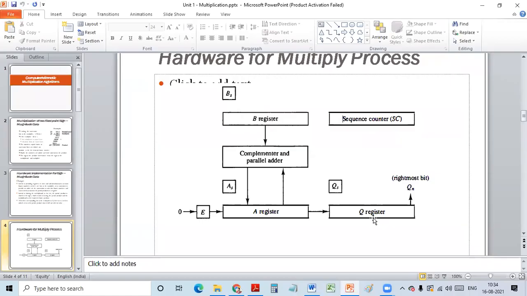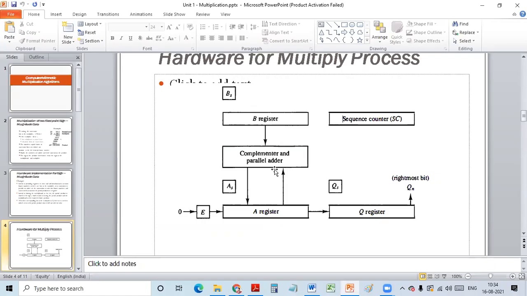Q holds the multiplier. A holds initially 0. The sequence counter holds n minus 1. N is the number of bits in your total multiplier.